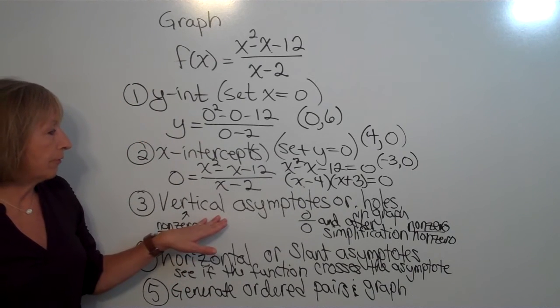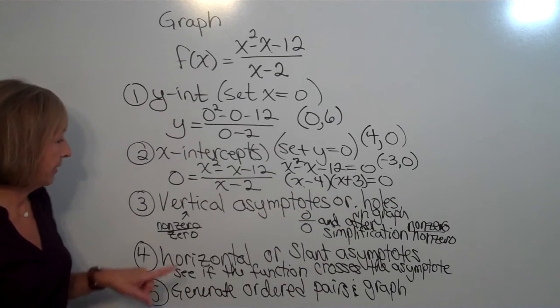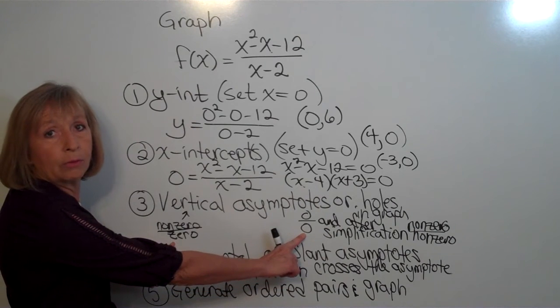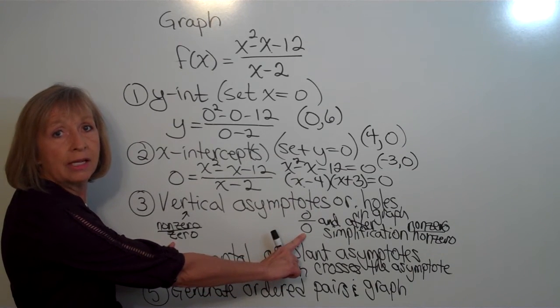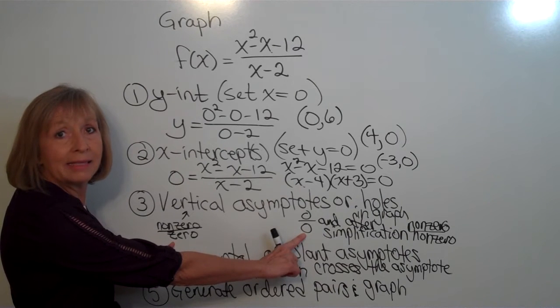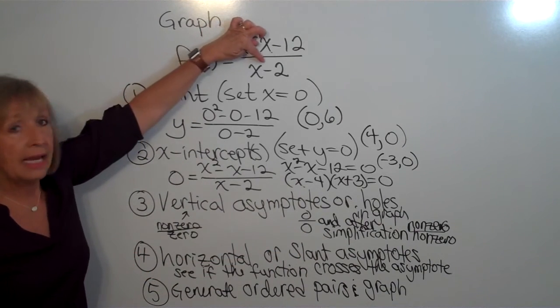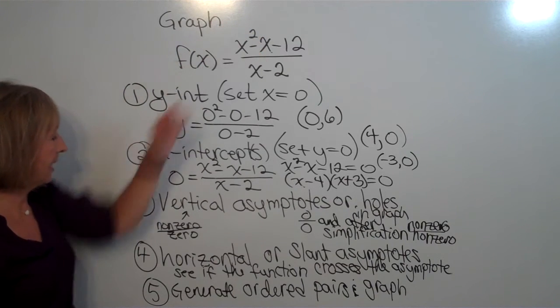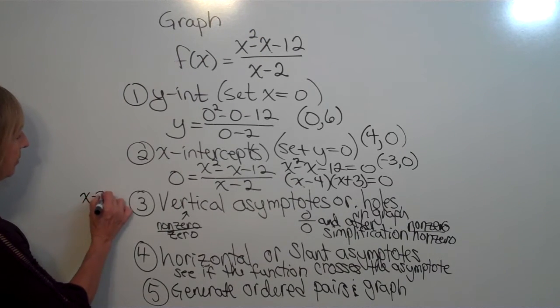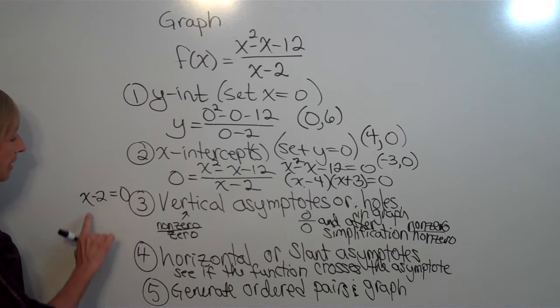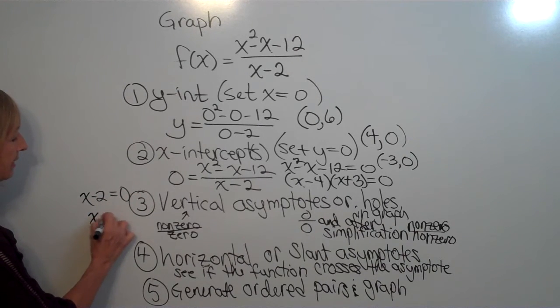Now, what about vertical asymptotes or holes in the graph? They both involve the values of x that make the denominator 0. So here, I'm going to focus my attention on the denominator. X minus 2 equals 0. Add 2 to both sides, x equals 2.